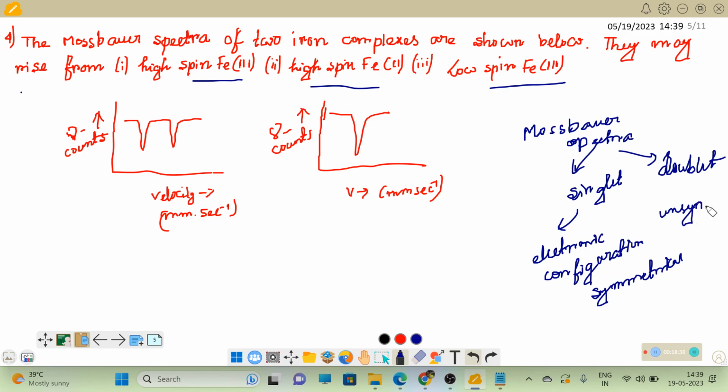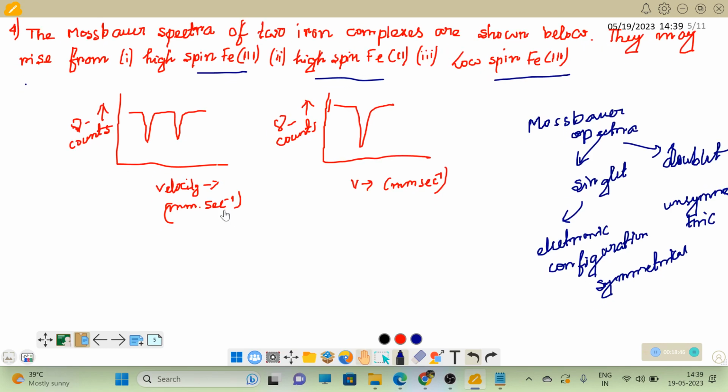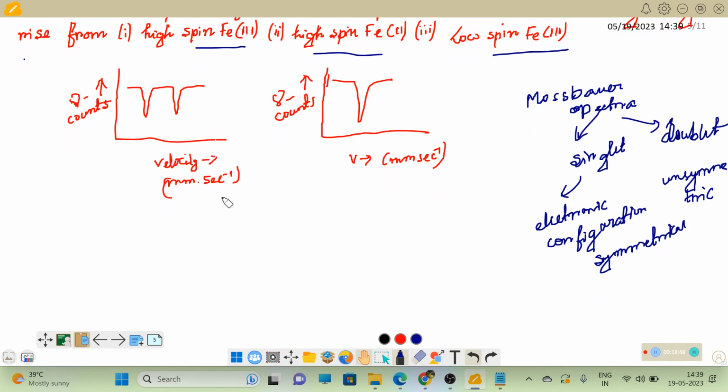So we just have to look at the electron configuration of the d orbitals of these three complexes, and see which are symmetrical or unsymmetrical. That will be our answer.